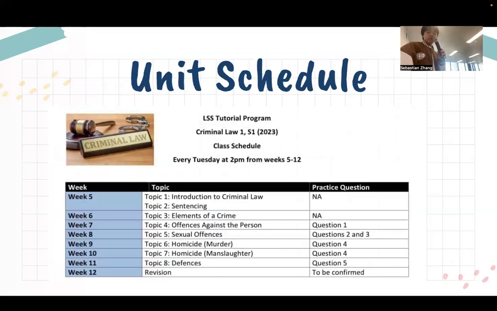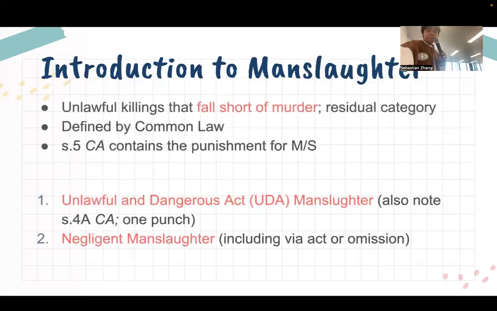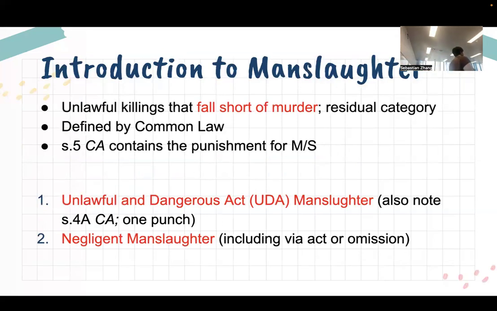Okay, so let's start off with UDA. So the difference between manslaughter and murder, in a very standard sense, is that manslaughter is a less severe form of murder. It's again defined in common law.